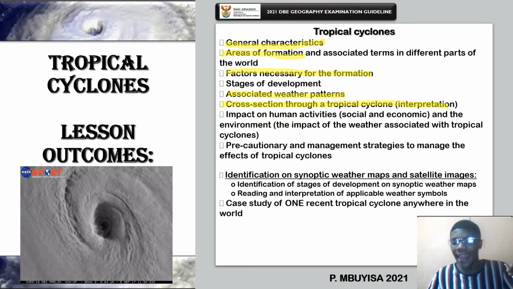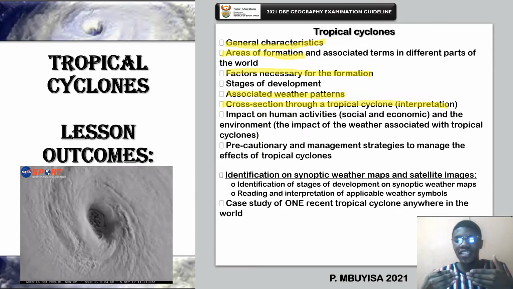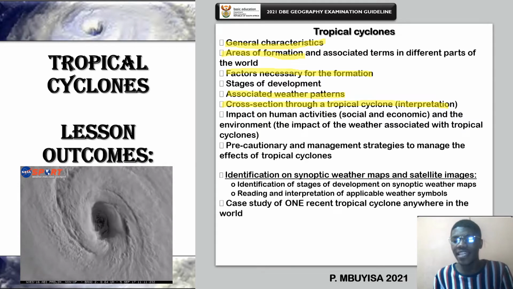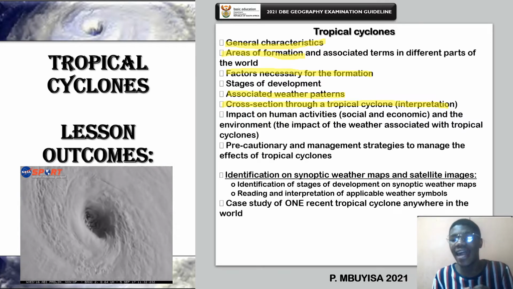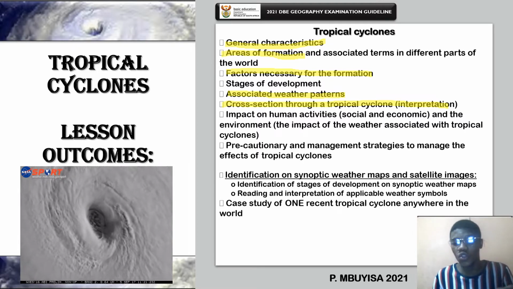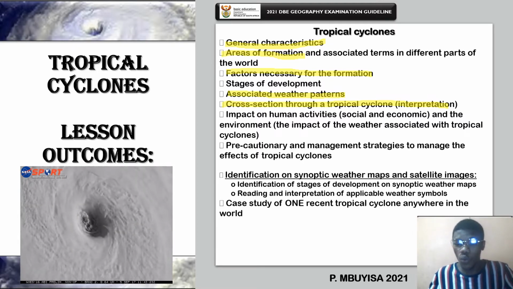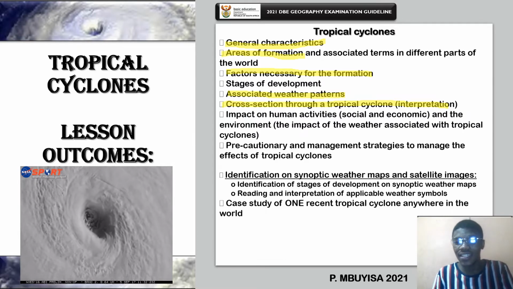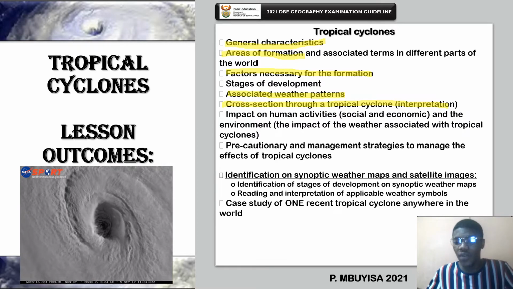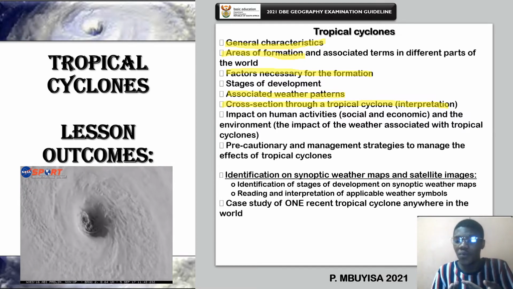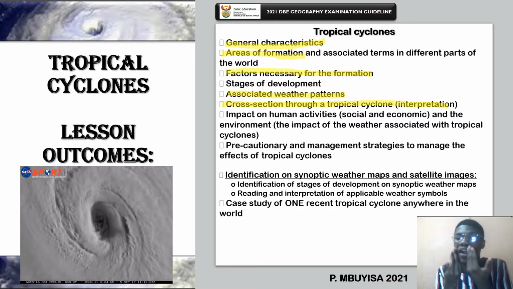Now, when the air has converged, it reaches a certain point and it does what? It rises. Remember that warm air always rises while cold air always sinks. So you're going to have rapid evaporation over the ocean surface as a result of high temperatures, and air converging in that system. And it's going to rise, right?